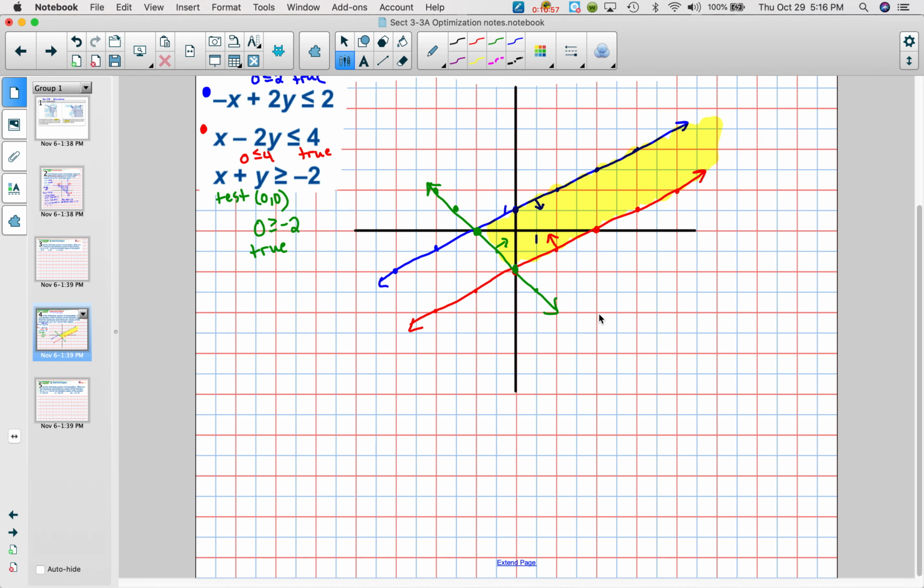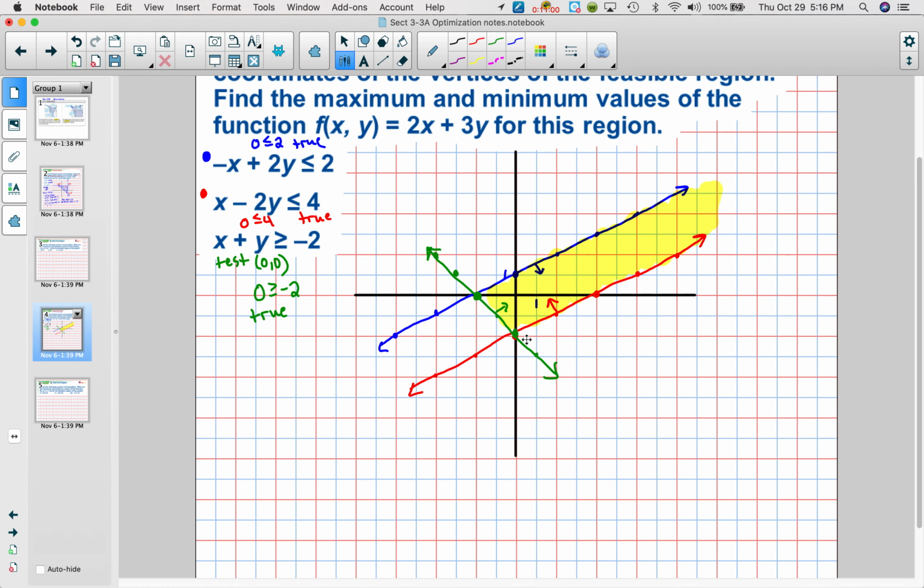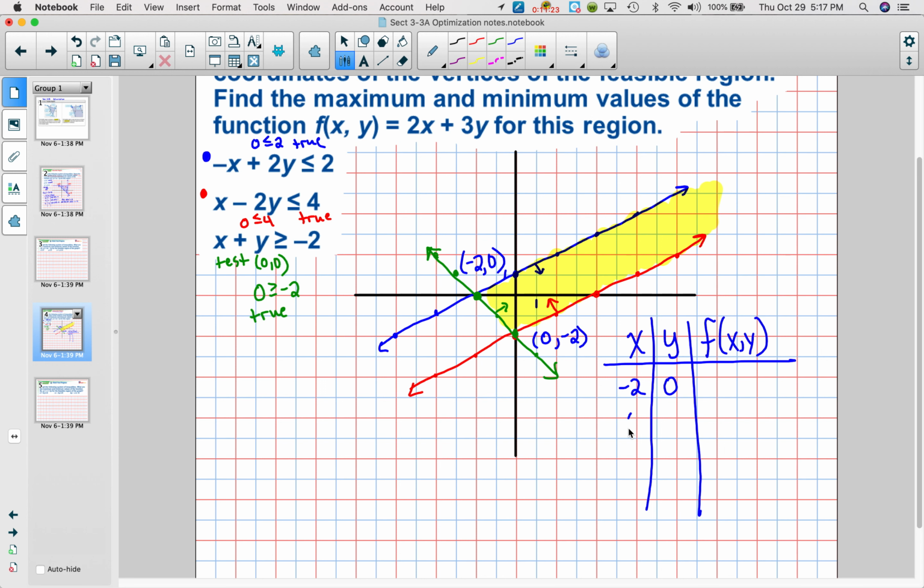So when I take a look at my function, I only have 2 vertices this time that are in that region. So I have (0, -2) and (-2, 0) as my vertices. So I'm going to have x, y, and f of x, y. My choices are (-2, 0) and (0, -2). Using my function here, I'm going to take 2 times -2 plus 3 times 0. So I get -4.